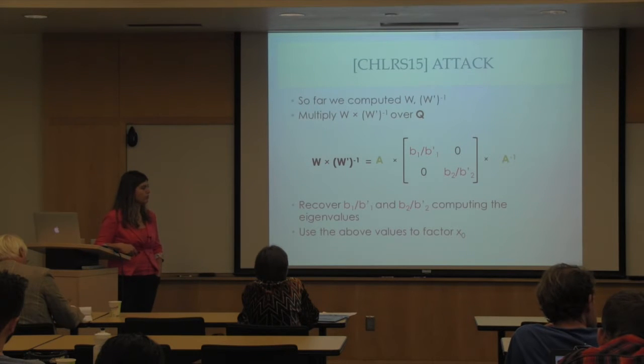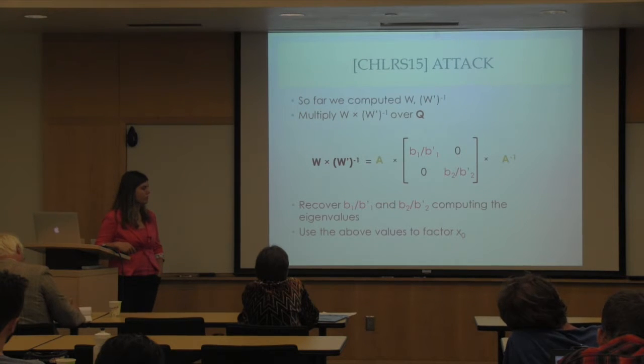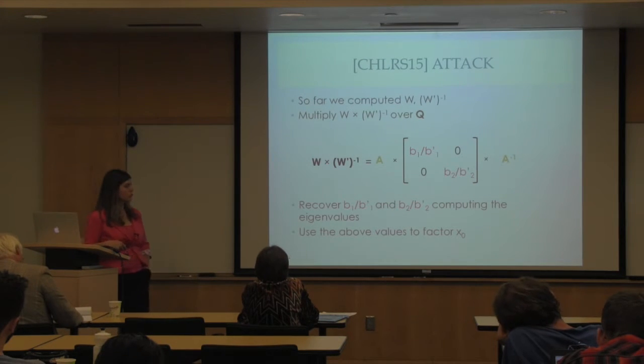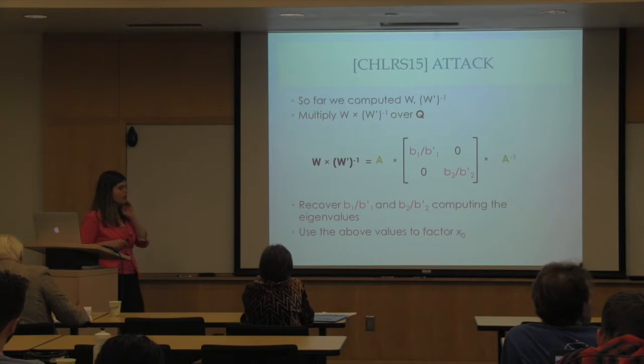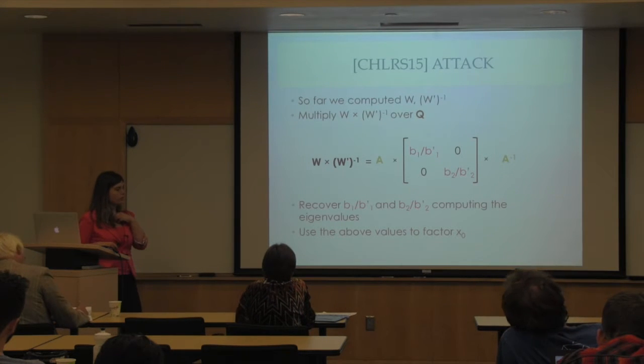And then you will be looking at the GCD of this value. So you will be using these two values together with the value of your original encodings in B to get a value that is 0 modulo p sub i and non-zero modulo x sub 0, and you will be looking at the GCD of this.